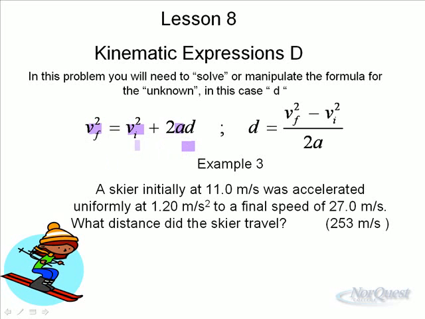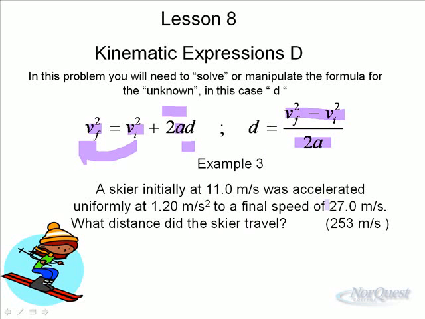The way to do that is first subtract Vi squared from both sides. That gives us Vf squared minus Vi squared, and then we divide by 2a, and dividing by 2a, we put that down in the bottom, and we end up with d is equal to Vf squared minus Vi squared over 2a. Now that we have that, we can do our substitution.